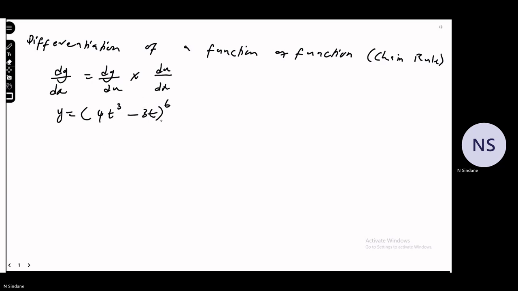When you are differentiating this, the inner function must be taken out. How do you take it out? You say, let u be 4t cubed minus 3t. Now that this is out, we need to differentiate it, right?